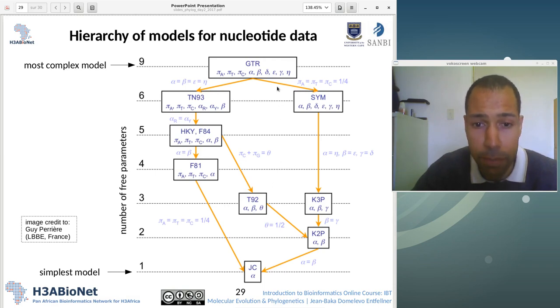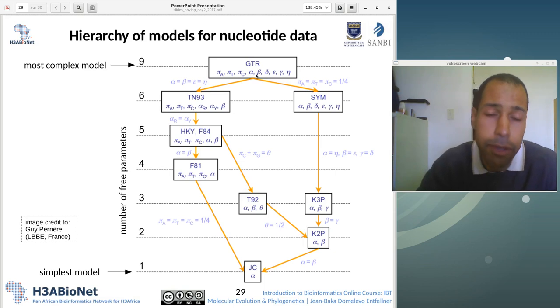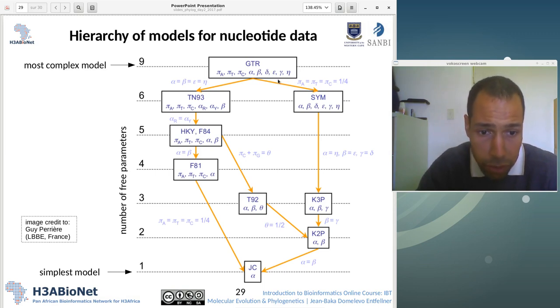As we go up into this tree, the names of these parameters are no longer standard. These are exchangeabilities between nucleotides, but I can't tell you to which pair of nucleotides each of them corresponds.